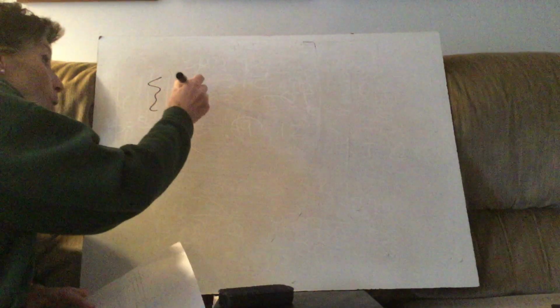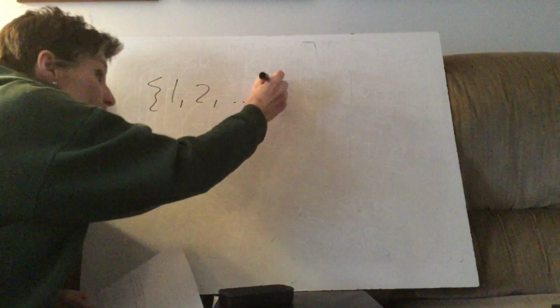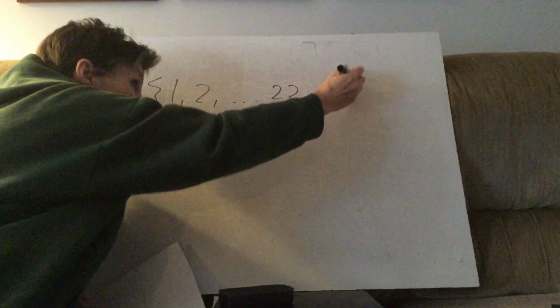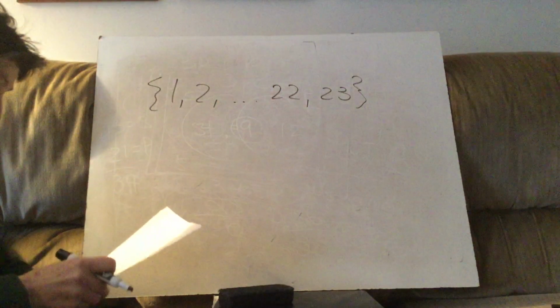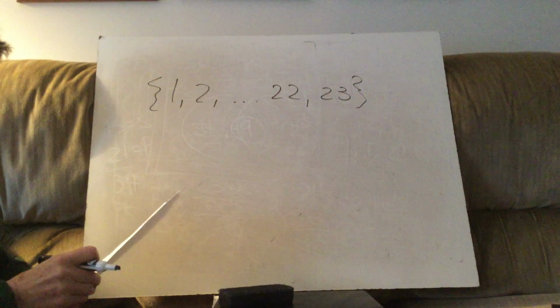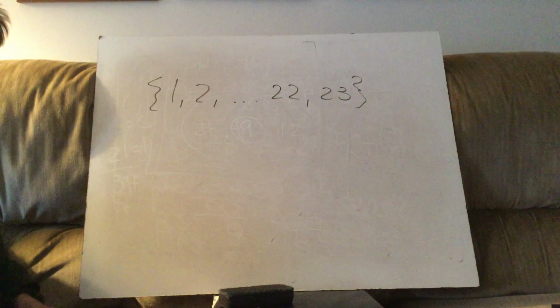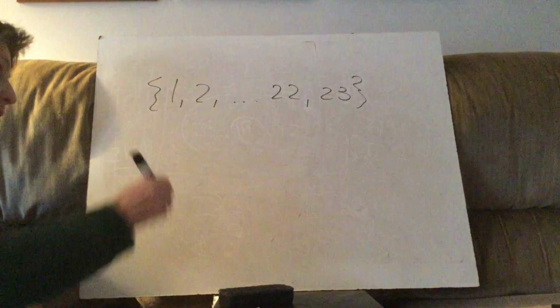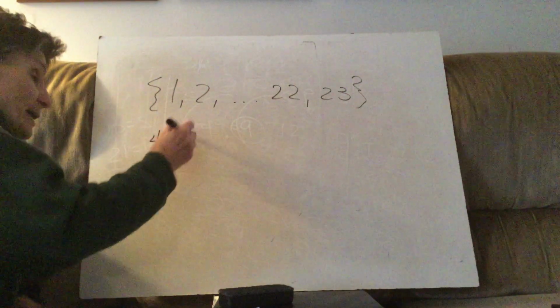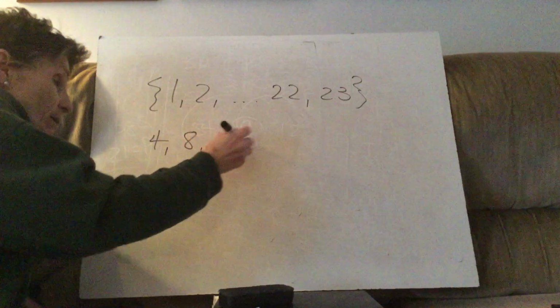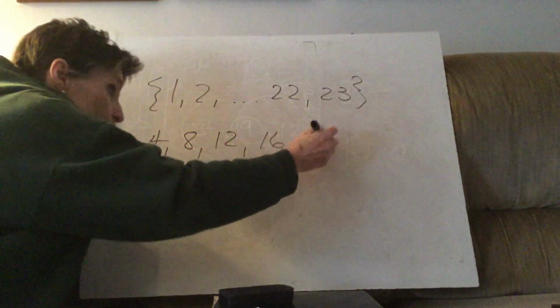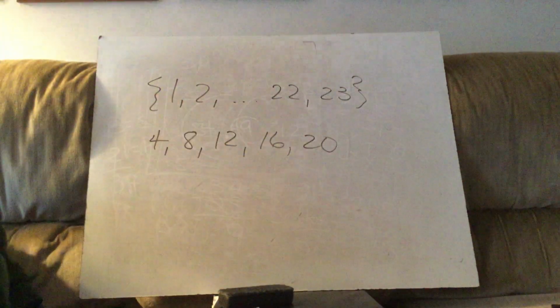All right, now we got the set of numbers from 1 to 23. We're going to reach in and grab one. What's the probability it will be a multiple of 4? Well, what are the multiples of 4? 4, 8, 12, 16, 20, and that's it in this list.